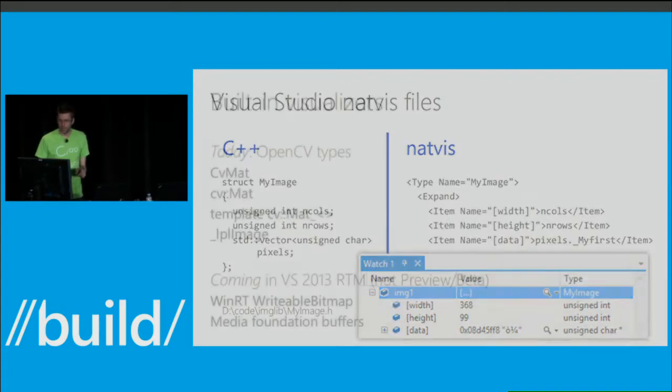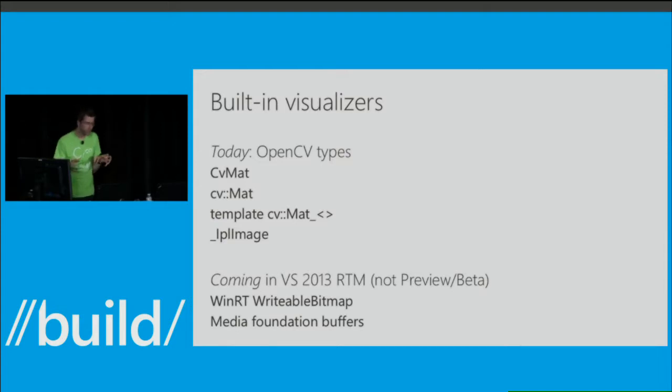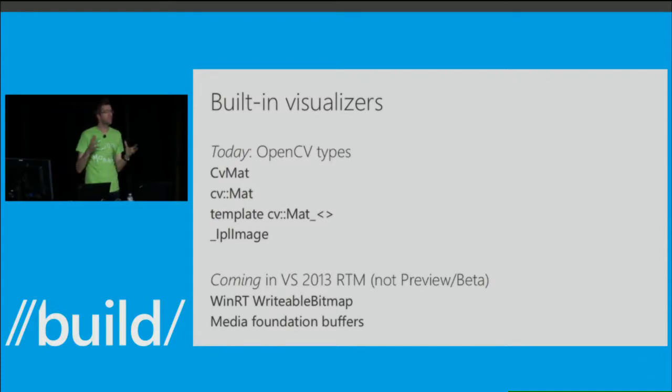Okay, and so we've done this for you for types that we know people are going to use all over. So now, for example, OpenCV. I don't know how many of you have heard of OpenCV. Okay, quite a few. So OpenCV, for those who don't know, is probably the most widely used open source computer vision or image processing library out there.